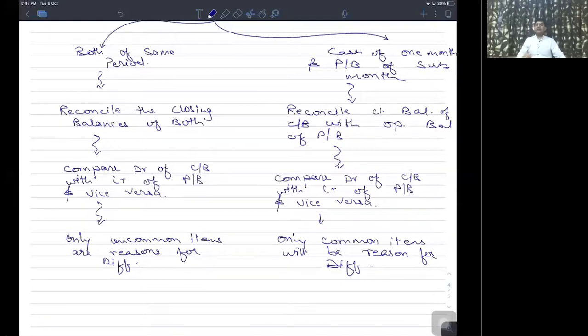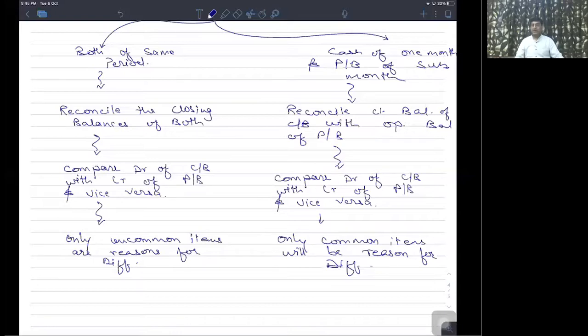But one point that you'll be required to remember in here, and that is, when I'm preparing the reconciliation after adjusted cash book, the starting balance of my bank reconciliation statement will be the closing balance of adjusted cash book. You please write this as a point to remember.